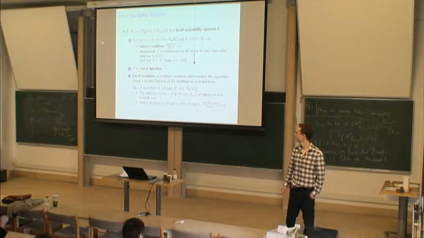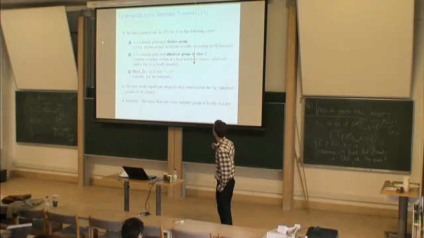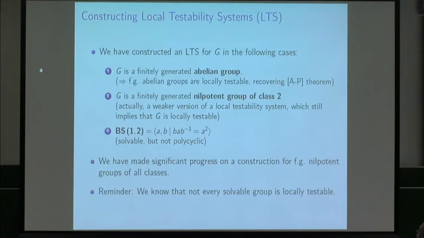Yeah, so the Baumslag-Solitar group, solvable, it's just taking HNN extensions twice. And the important groups of class 2, well, not really here, but let's say the Heisenberg group is, again, three times.